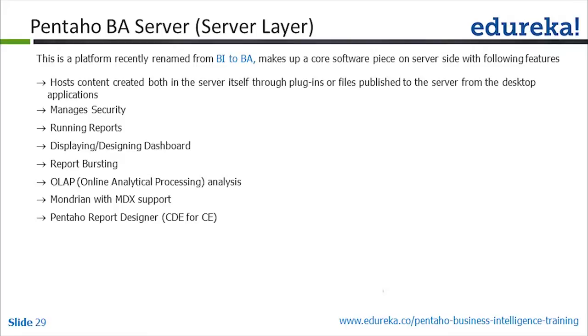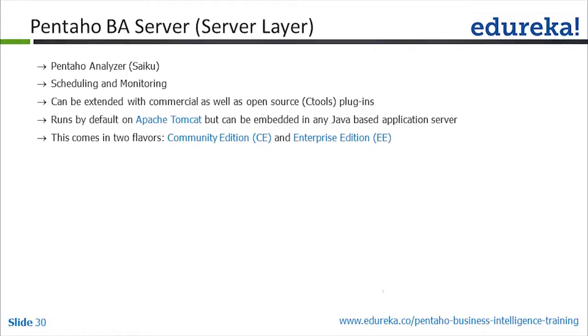MDX is a type of query, which we'll see in detail. Pentaho Report Designer, we discussed it, is for designing your reports. Pentaho Analyzer is basically for your ad hoc reporting.